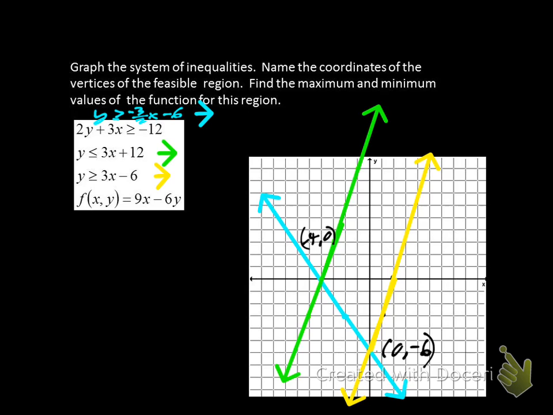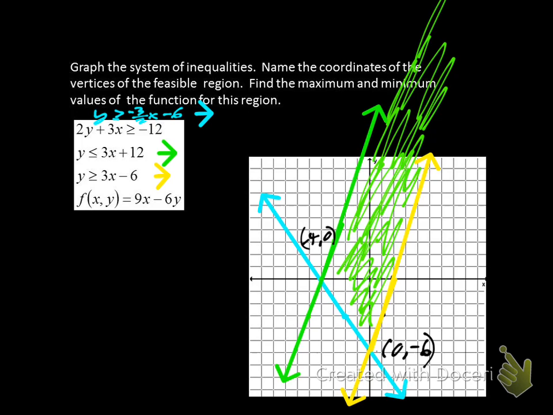But notice how this one is unbounded. There's no cap on the top of it. So this shading doesn't just stop here. The shading goes on and on that way.